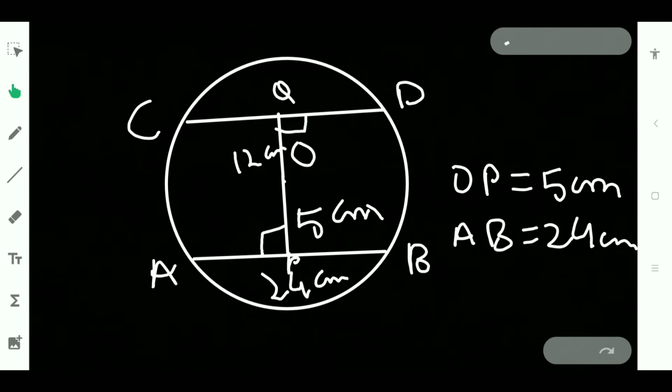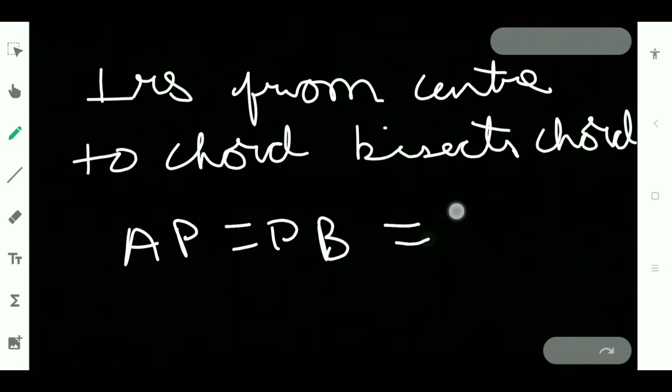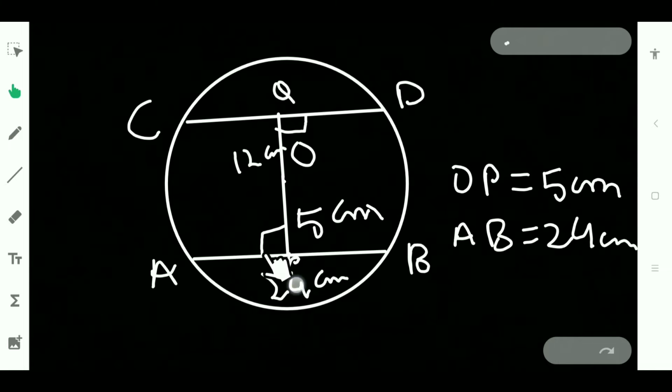What is the meaning of bisecting? It means it is dividing AB into two equal parts. That is, AP will be equal to PB, which is equal to half of AB, because AB is one whole line and AP is one part and PB is one part. The length of AB is given, that is 24 centimeters. Let us substitute here: AP is equal to PB is equal to half of 24.